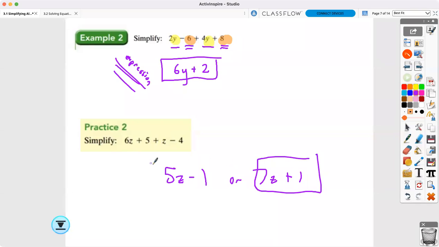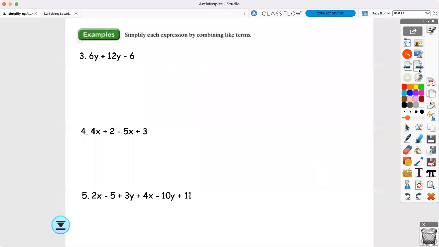I actually changed the 6, subtracting the 6 from the 1. And you put the negative with the 5. So remember, 6z plus 1z is 7z. And then we have to do 5 minus 4, right? Yeah, I misread it. Oh, you're good, sir. Okay, cool. All right, let's move on.